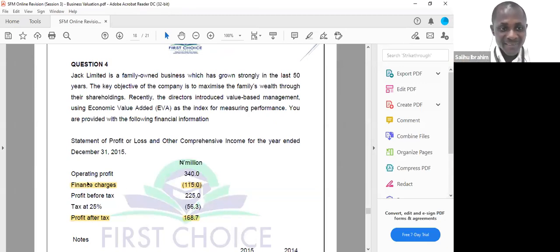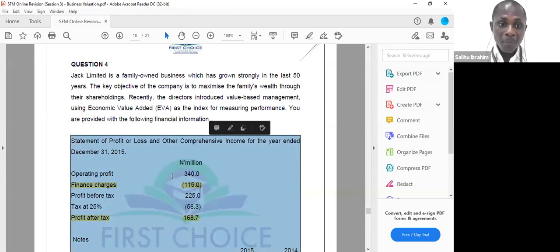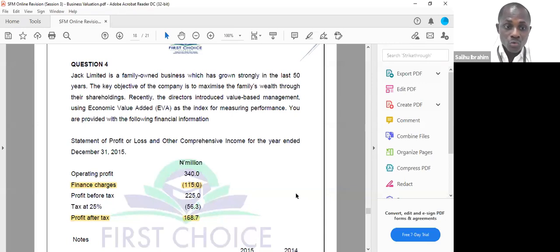But now that I'm starting my computation with operating profit, I must go and pay tax on that interest, because the interest was deducted before I computed my tax. My total profit upon which I will charge tax should have been 340 plus 115, which is 455.